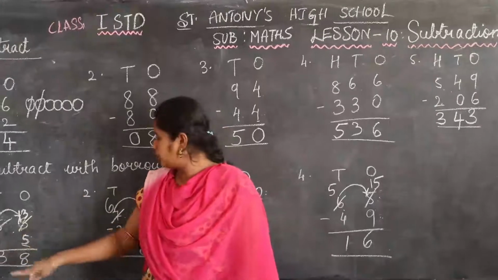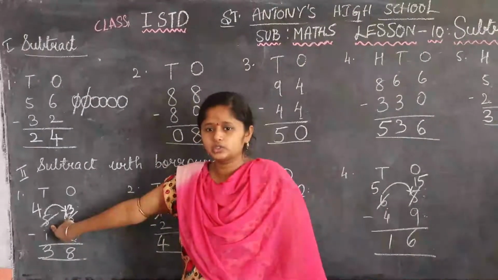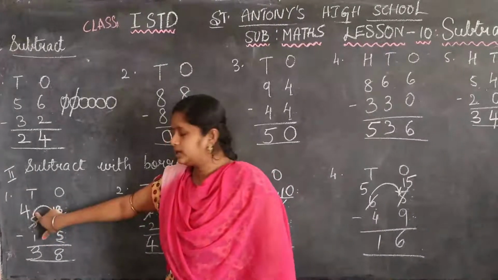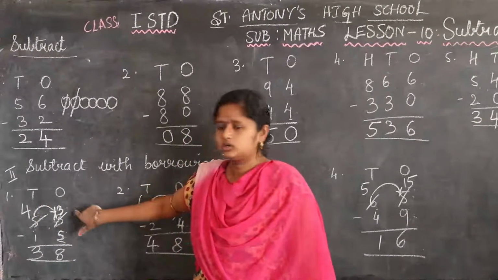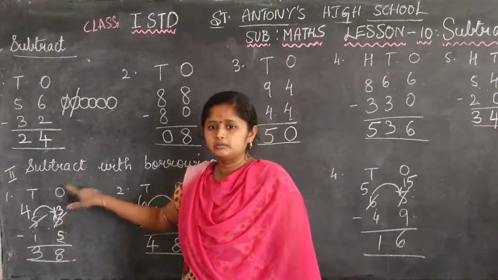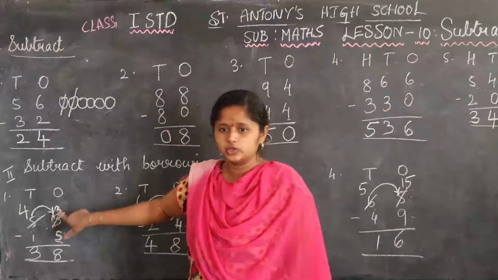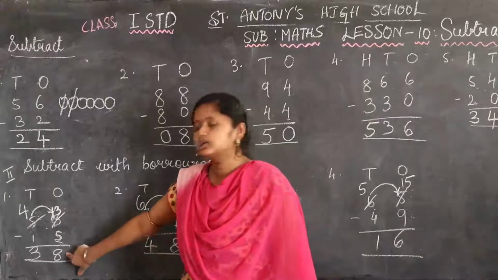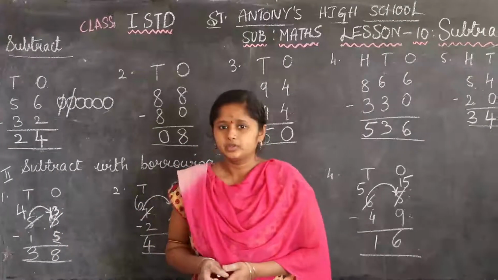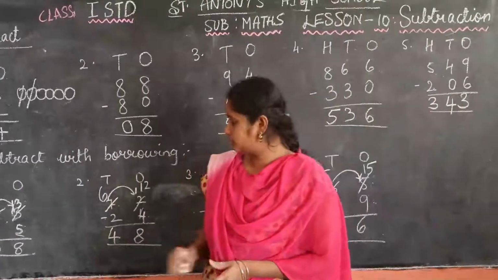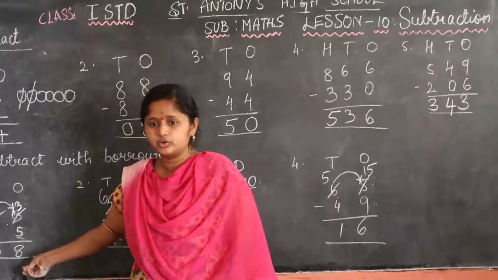So we have done the same here. We have borrowed 1 ten to make this number bigger, and then we subtracted the sums. Okay, children. Practice it twice and thrice in your home and in your rough note also.